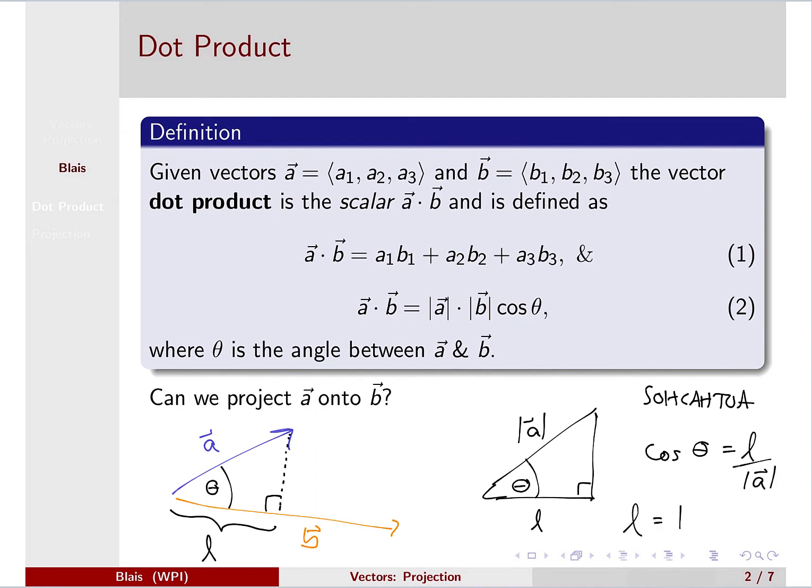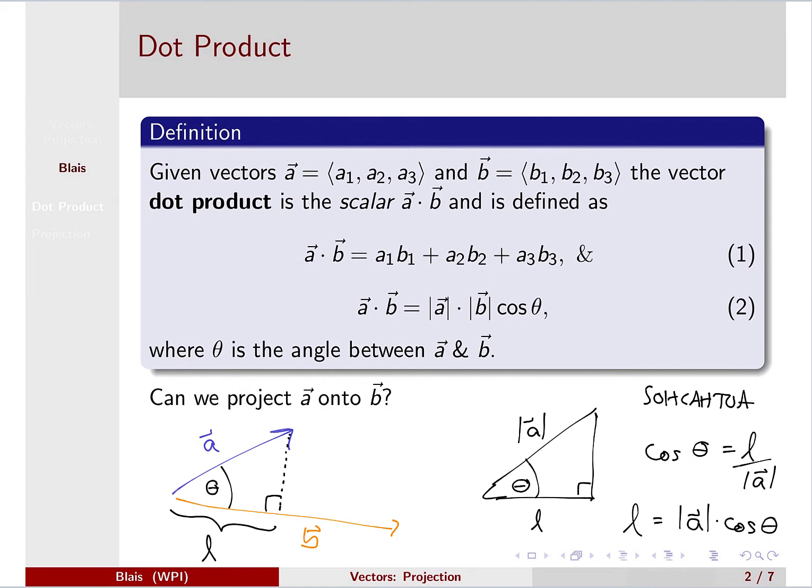So this L is the magnitude of A times cosine of theta. That's the length of this piece we depicted here. And that is the magnitude of A when projected into the direction of B.